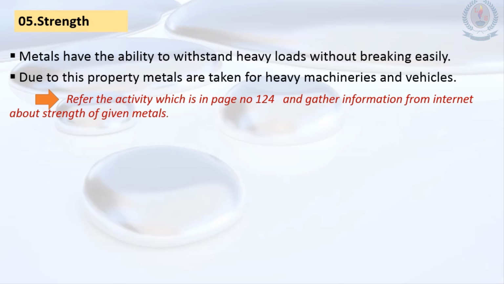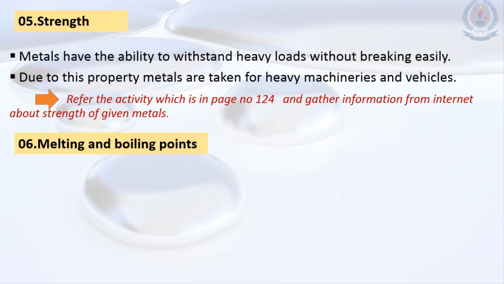Okay, so you can refer to the activity on page number 124 and gather information from the internet about the strength of given metals. So the next property that we are going to learn is melting and boiling point.